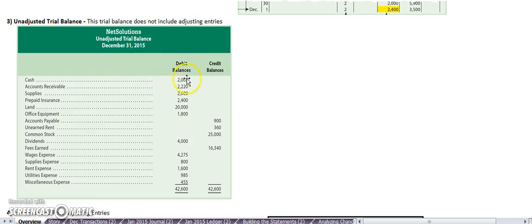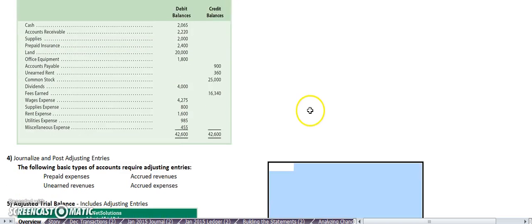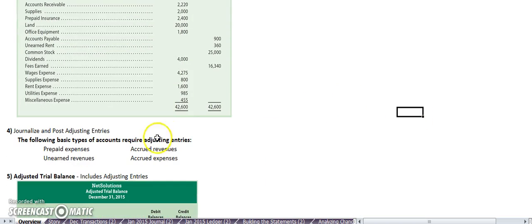So most of these transactions were initiated by a transaction, and so we need to do these entries, right? But there's a lot of entries that occur due to the passage of time or usage of a product, so at the end of the month we have to start putting those entries in, and those are what are called the adjusting entries.